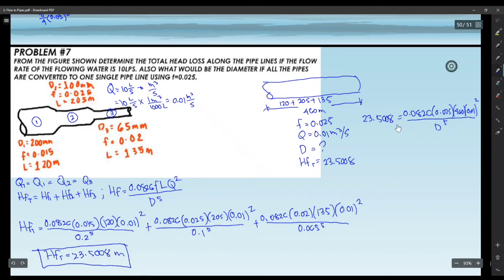Cross multiply, and then take the fifth root. So 0.0826 times 0.025 times 460, times 0.01 squared, divided by 23.5008, and just take the fifth root of your answer.